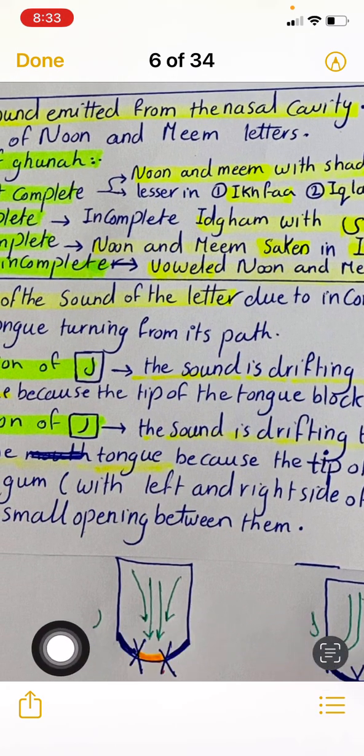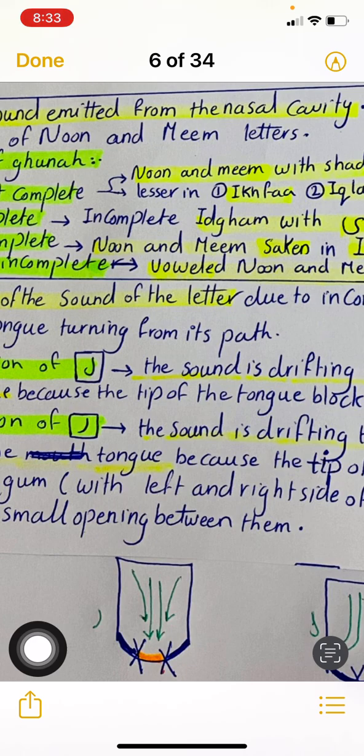With ra, the sound is drifting towards the front part of the tongue because the tip of the tongue has a small opening, a small gap here, which makes air pass through it.